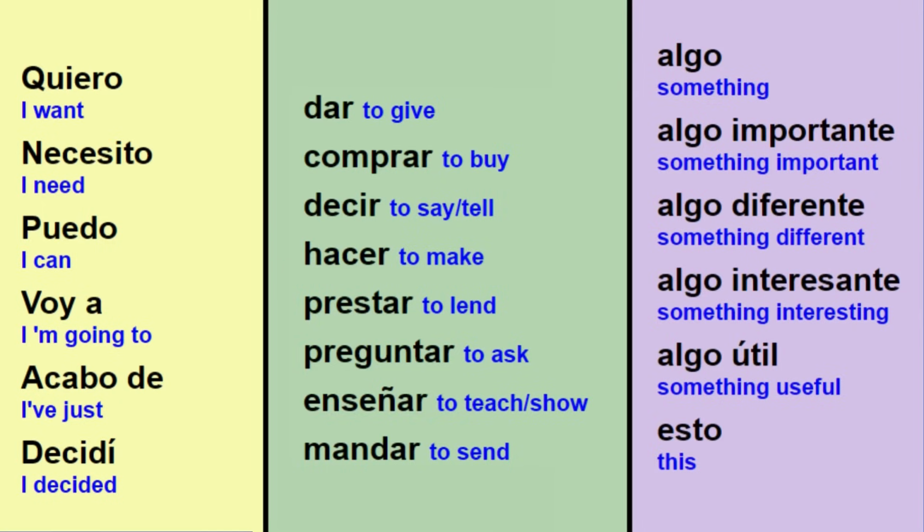How about, I need to buy something. And so now there's no him or her or you, just I need to buy something. Necesito comprar algo.